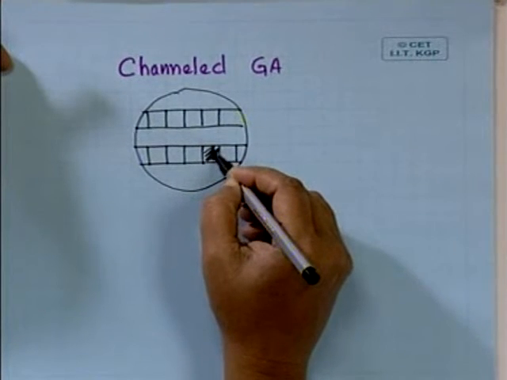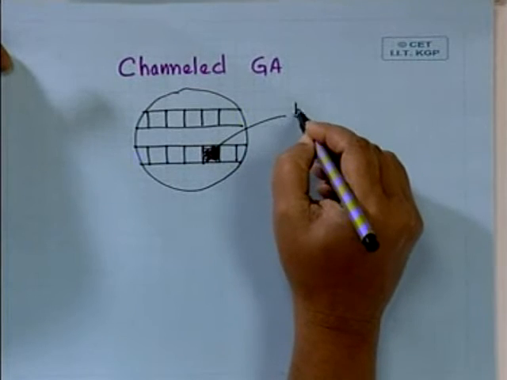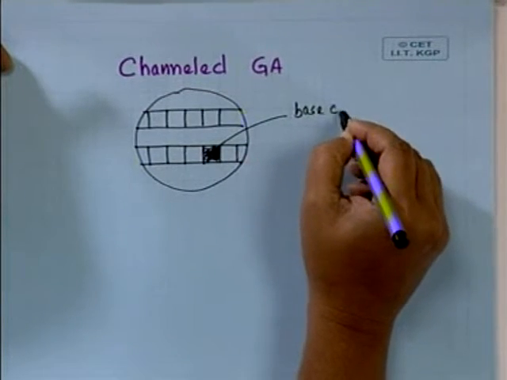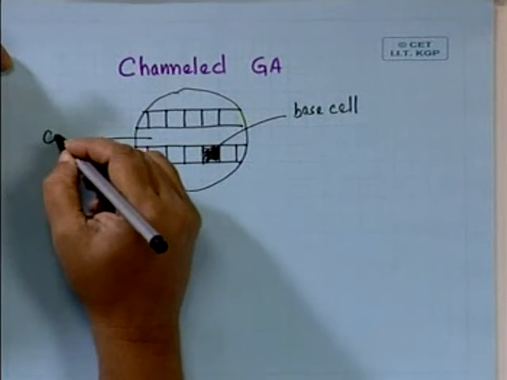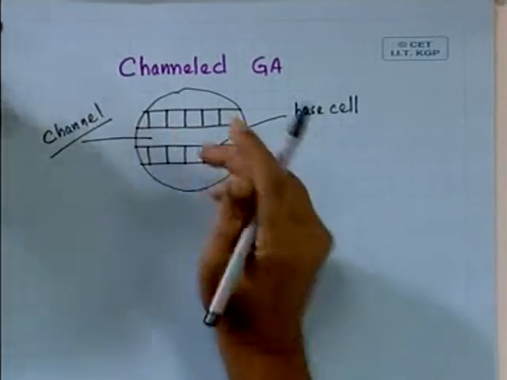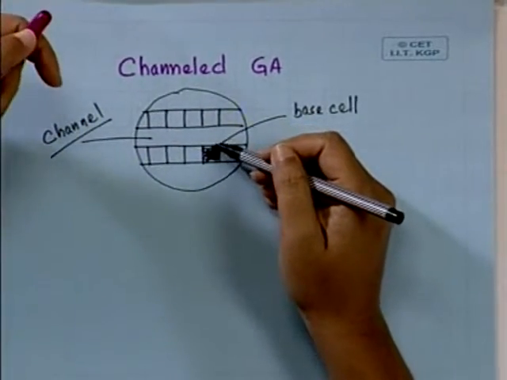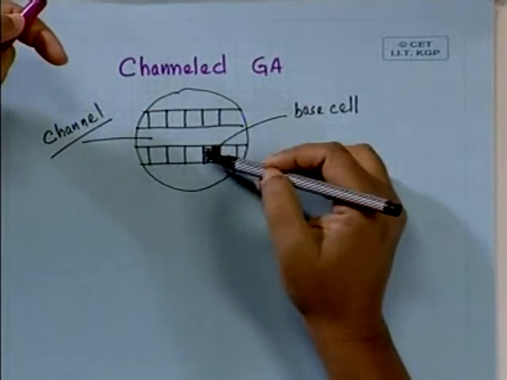So this is one base cell, and this is the channel. This is some predefined space kept for the interconnections, or interconnecting the base cells.